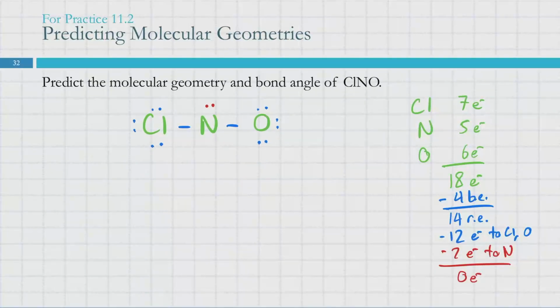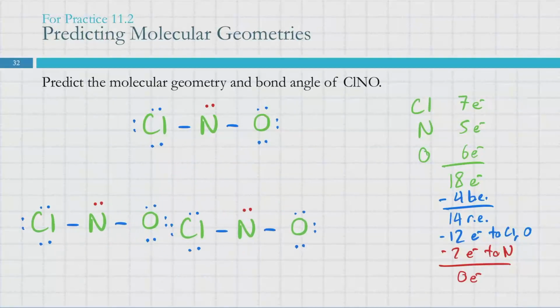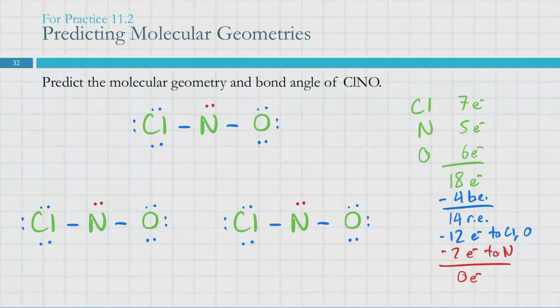Let's look at both possibilities. It's not going to be both, but let's consider both. So let's consider double bond with chlorine versus double bond with oxygen.